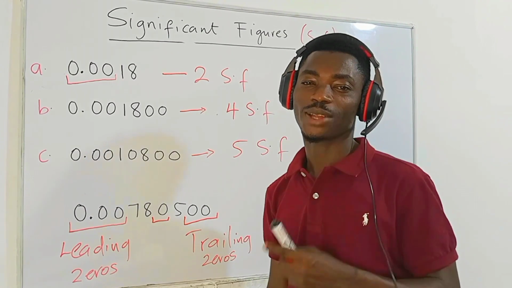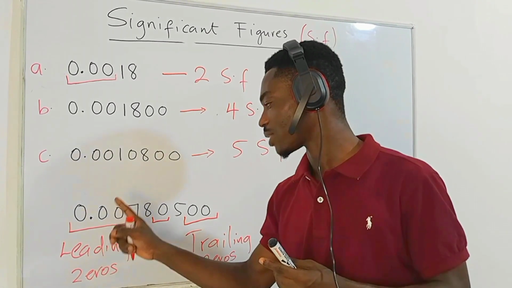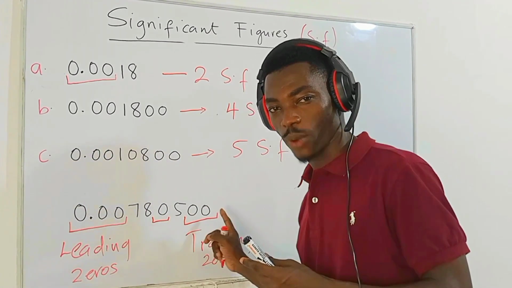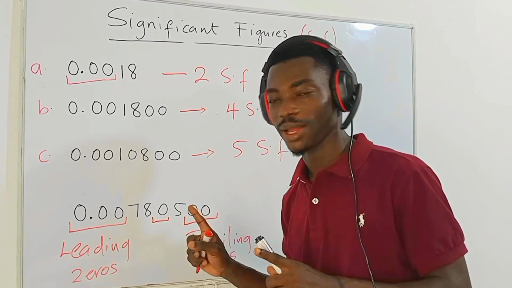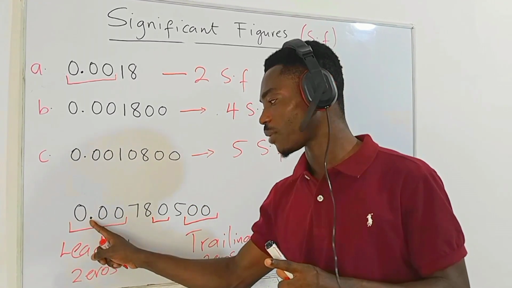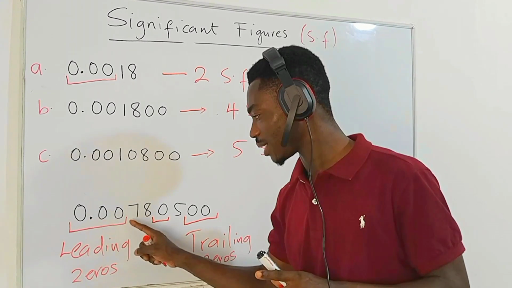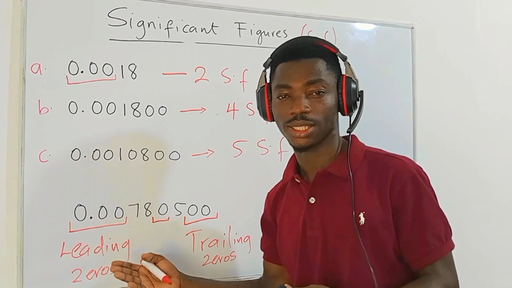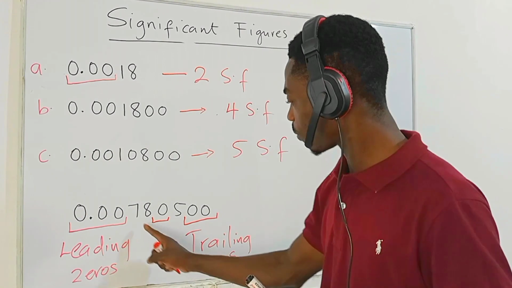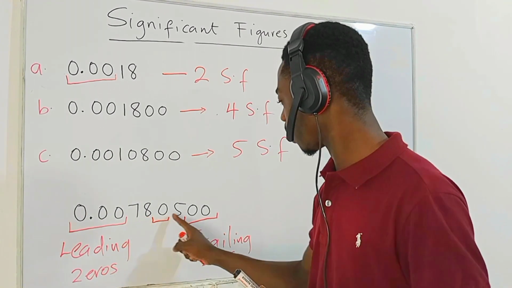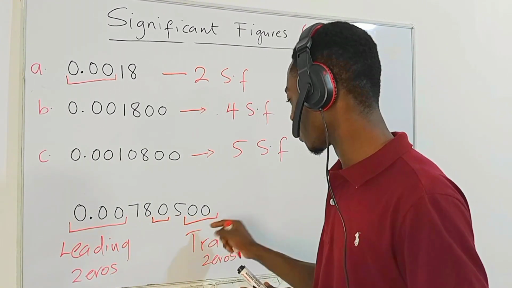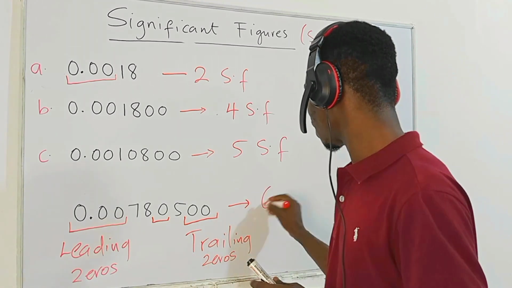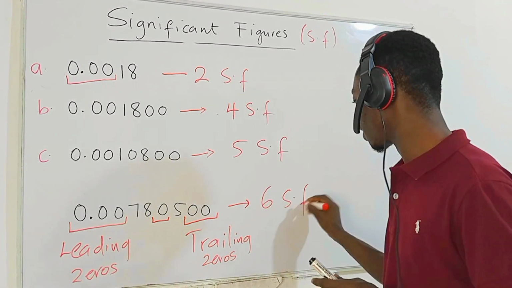To do this, we have to start counting from left to right, starting from the non-zero number. Remember, even if there is a decimal point right here, these zeros are still leading zeros, of course. So we have 1, 2, 3, 4, 5, 6. So with this one, we have 6 significant figures.